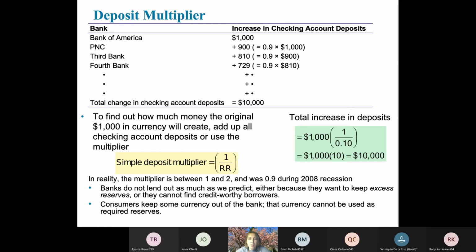And now you have a sense of what a multiplier is, right? So the money multiplied 10 times. And you can even compute it by taking the reciprocal of the reserve ratio. So to find how much total money was created by a $1,000 deposit, you take $1,000 and multiply it by 1 over 0.1, which is the required reserve ratio, and we end up with $10,000.